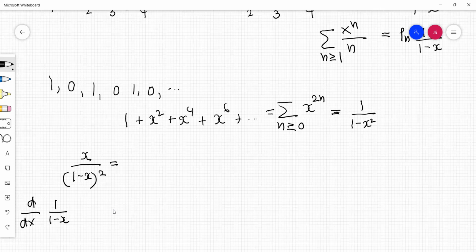You have to put a minus there, right? Otherwise, this is equal to minus 1 over (1 minus x) squared, right?